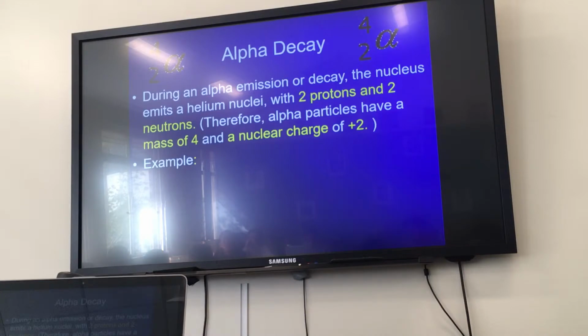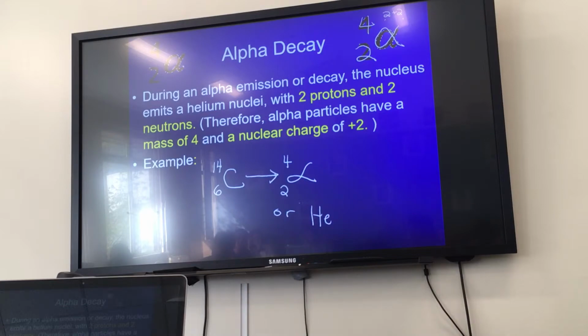You can write it as alpha, with 2 protons, and 2 plus 2 gives a total of 4. So if I had carbon 14, 6, and did alpha decay, I can write the particle as alpha 4, 2, or as helium 4, 2.